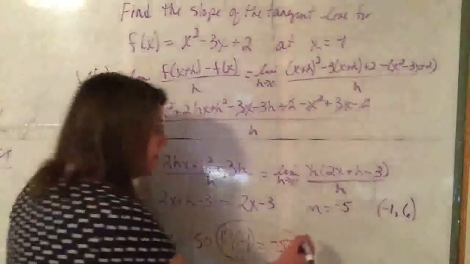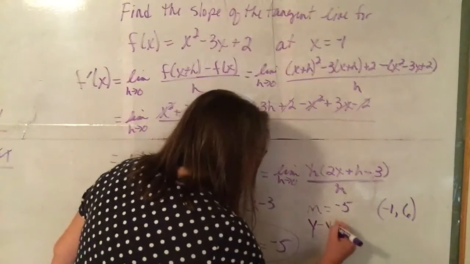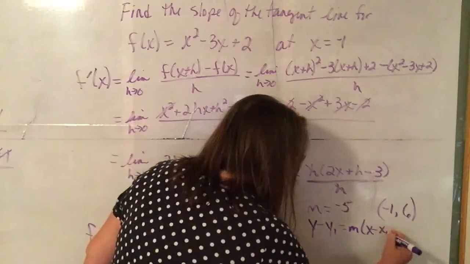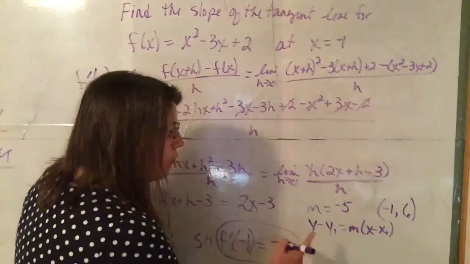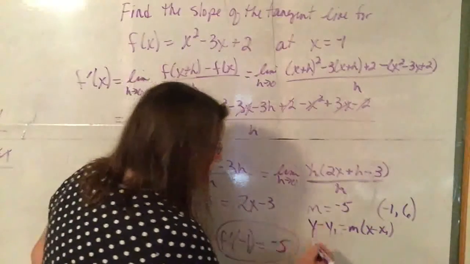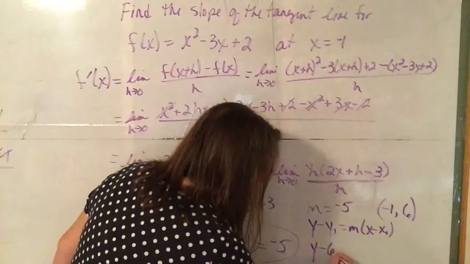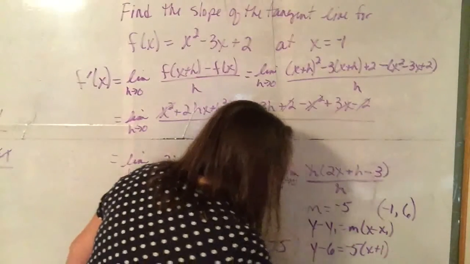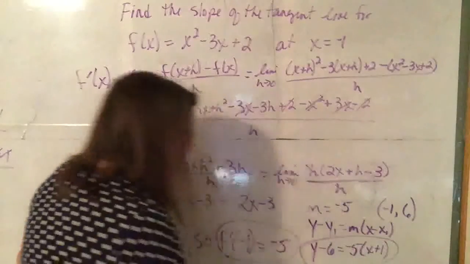Hopefully you remember from algebra, point-slope form is y minus y1 equals m times x minus x1. My x1 and y1 is the ordered pair. My slope is negative 5. So this equation would be y minus 6 equals negative 5 times x plus 1. That is the equation of the tangent line.